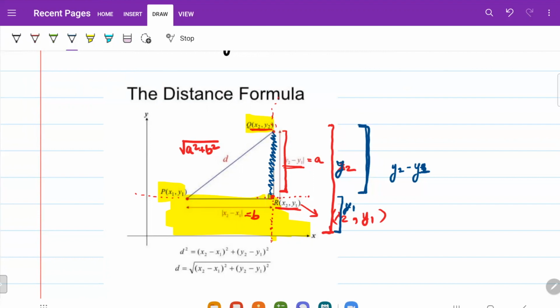Similarly, we follow the same thing here, where you see this is x1 and this is x2. So we want the distance here.